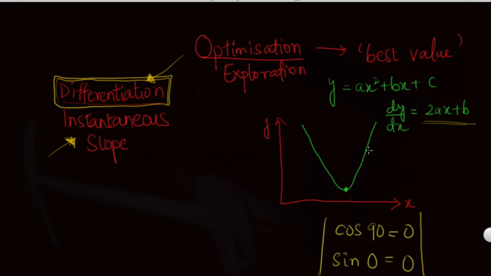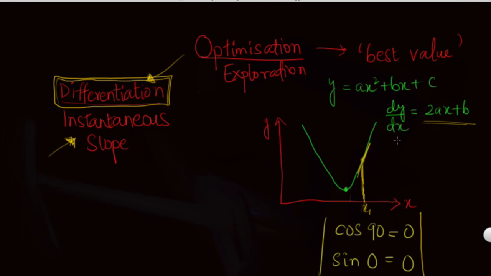For example, if I take the tangent here, it should give me the slope for this x value. Now, if I put this x value, let's call it x1, if I put x1 here, this expression will give me the slope at this exact point.